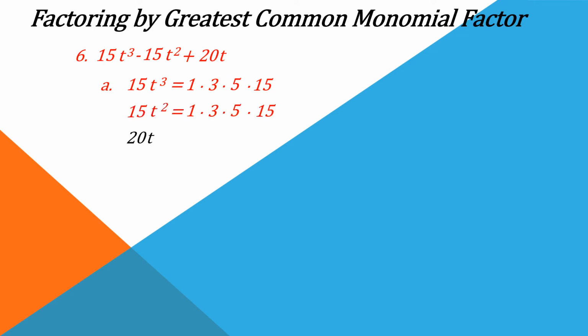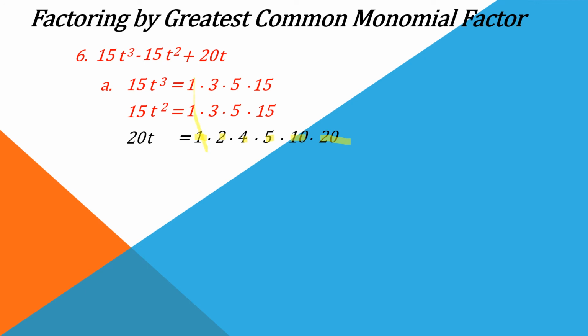Then for 20t, we have 1, 2, 4, 5, 10, and 20. It means 1 multiplied by 20, 2 multiplied by 10, and 4 multiplied by 5. These are the possible factors of 20. And we will now find the common factor for the numerical coefficients.